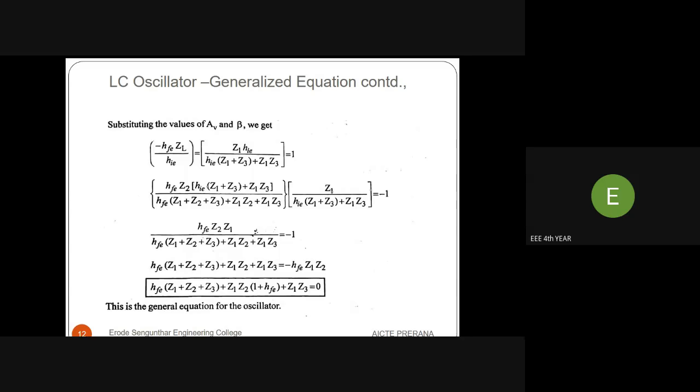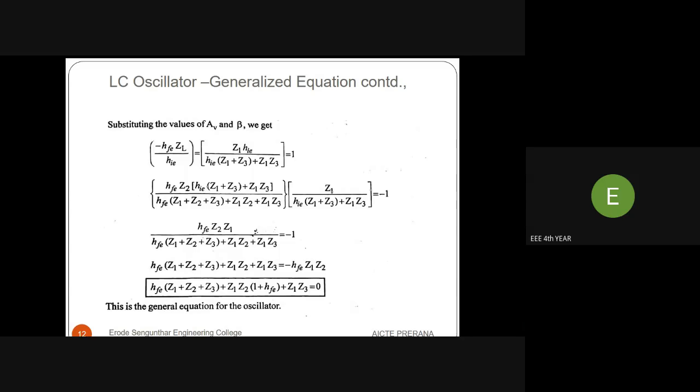Now multiplying these two terms and rearranging and simplifying, we get HFE into Z1 plus Z2 plus Z3 plus Z1 into Z2 plus Z1 into Z3 equal to minus HFE Z1 Z2.